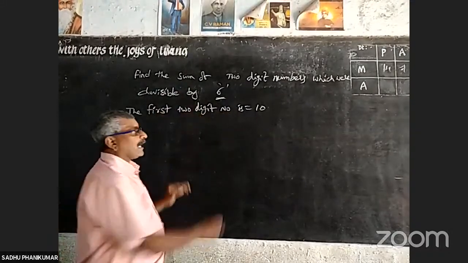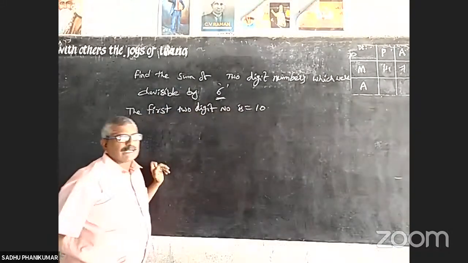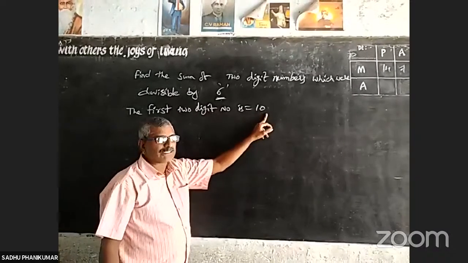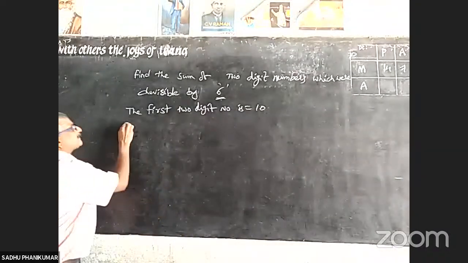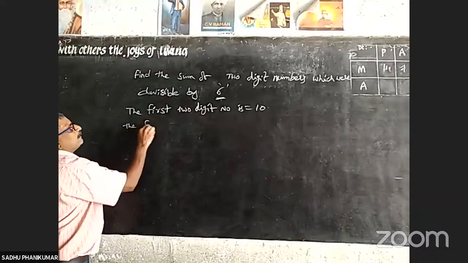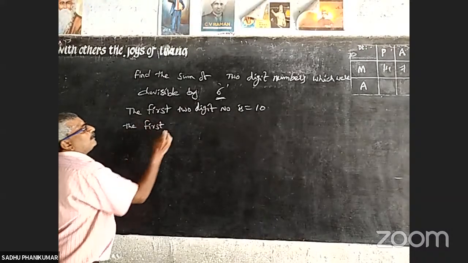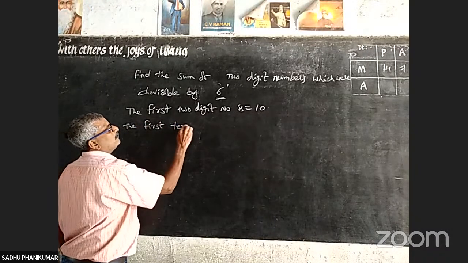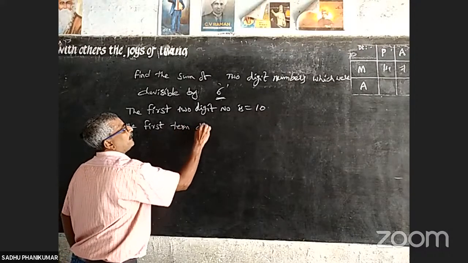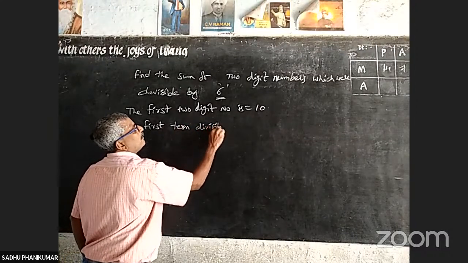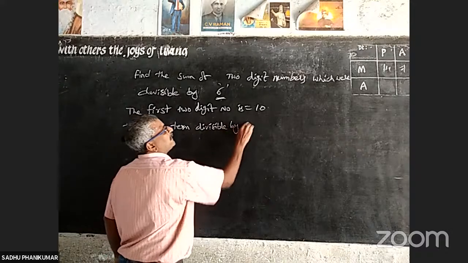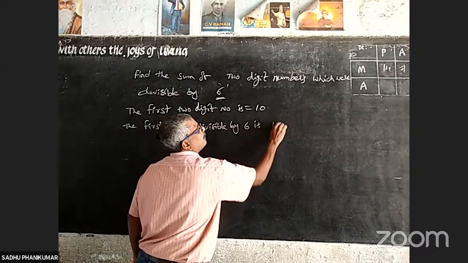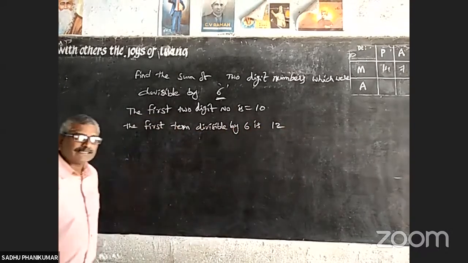That means the next term after this 10 which is divisible by 6 is 12. The first term is 12.